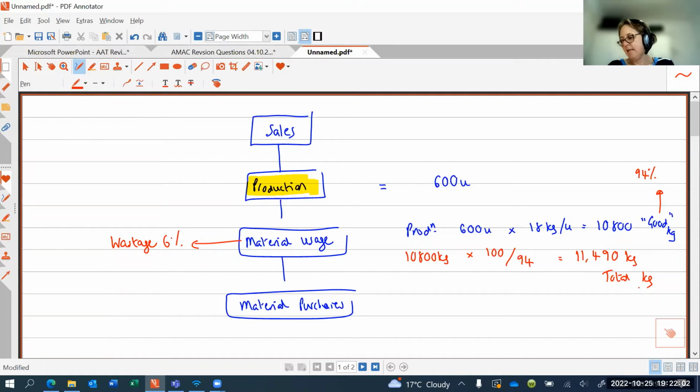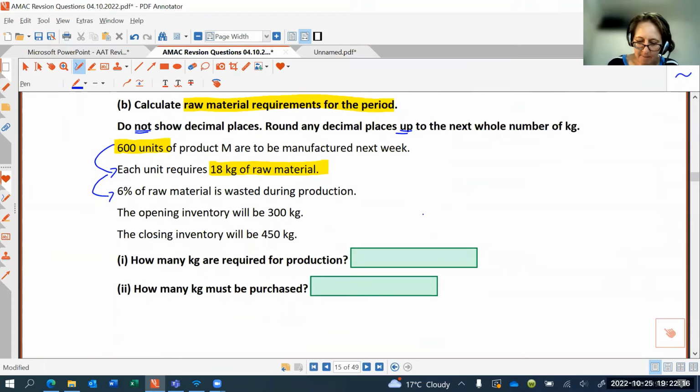And I have. It gives me 10,800.6. So I would still have enough kilograms left after I've wasted 6% of that total. So that's actually the answer to this first part. How many kilograms are required for production? 11,490.